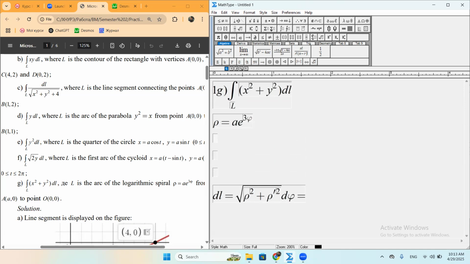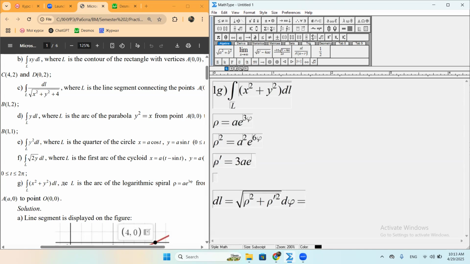So rho square will be equal to a square e in power of 6 phi. Then rho prime equals 3a e in power of 3 phi.